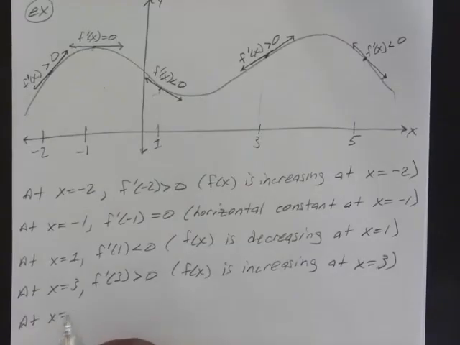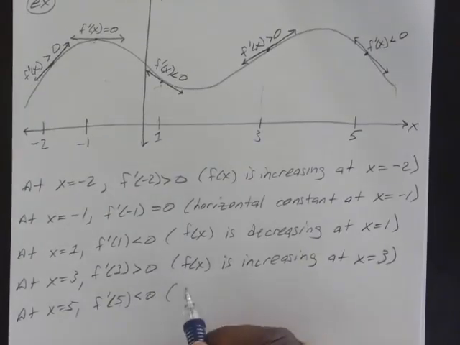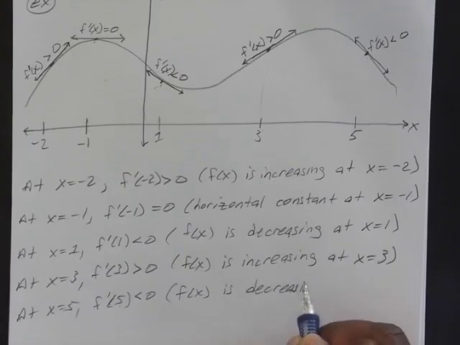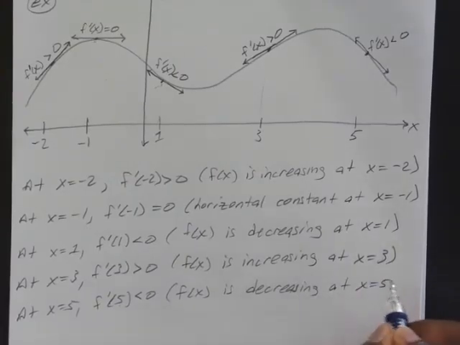We know at x is equal to 5, f prime of 5 is less than 0. So the fact that it's less than 0 lets us know that f of x is decreasing at x equals 5.